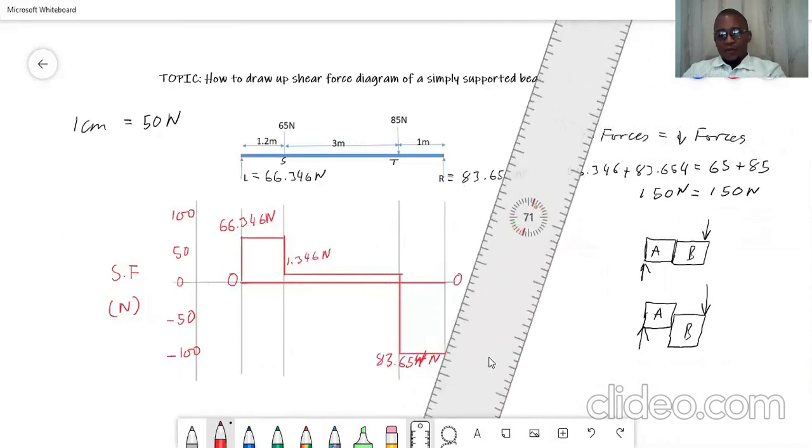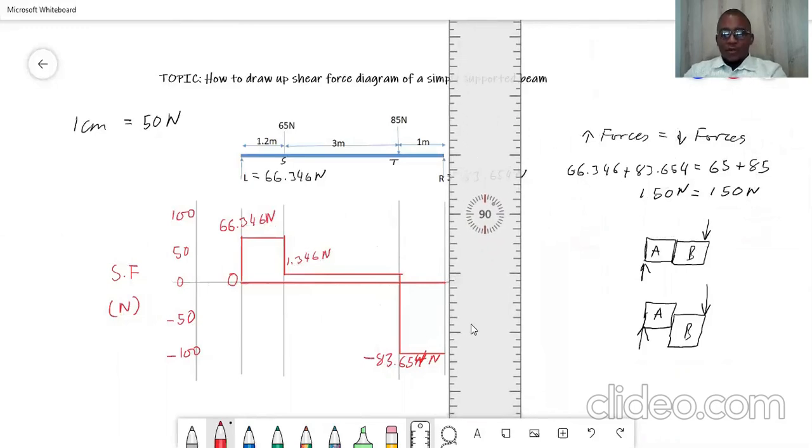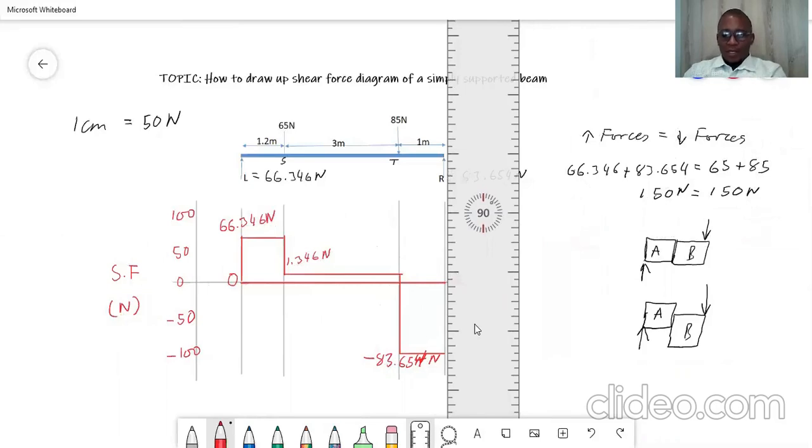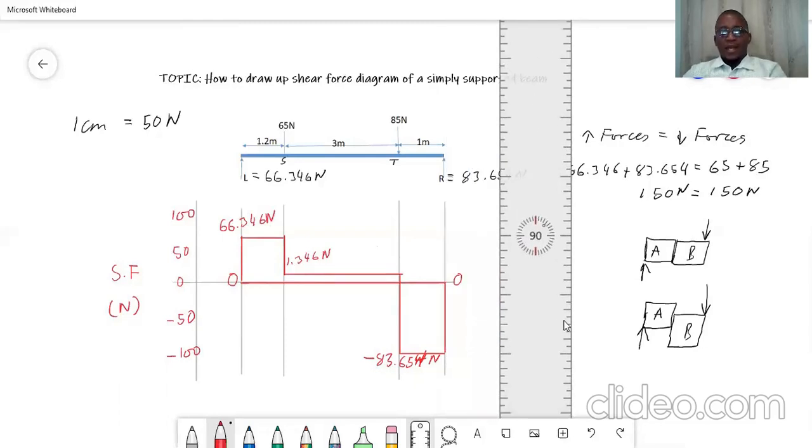Let me write this negative so that you don't forget. Plus the end load, it must give you 0. 83.654 plus that gives you 0. Let me simplify this so that our diagram can be perfect. That is our diagram. Our diagram must start at 0 and end at 0.